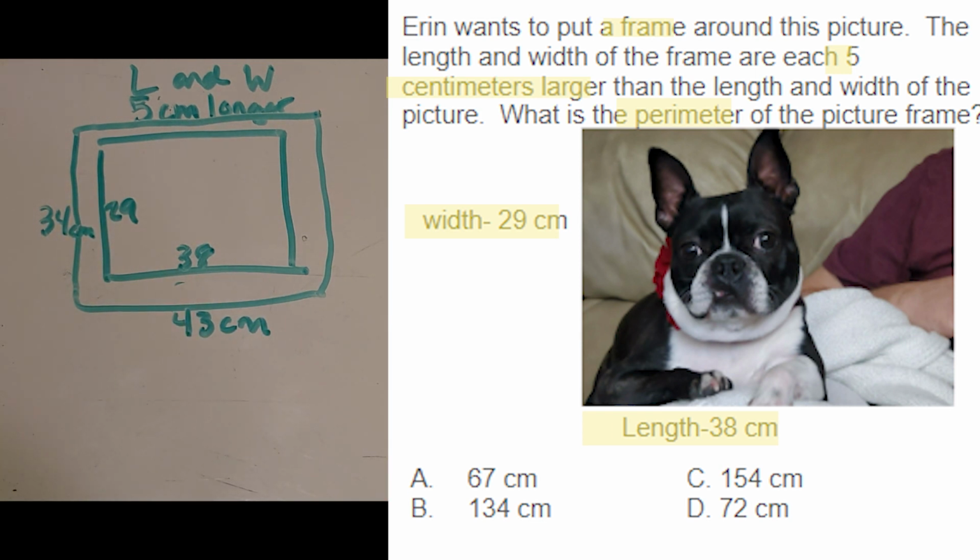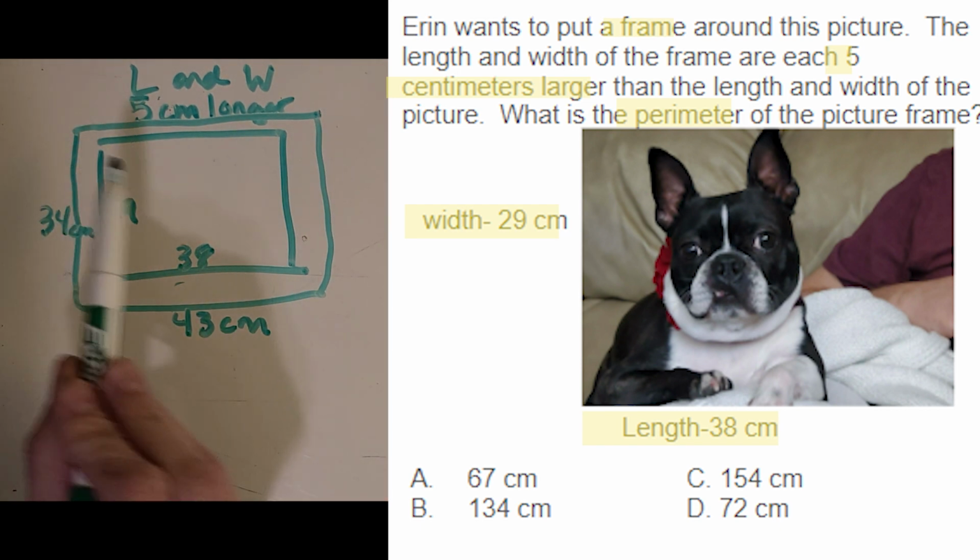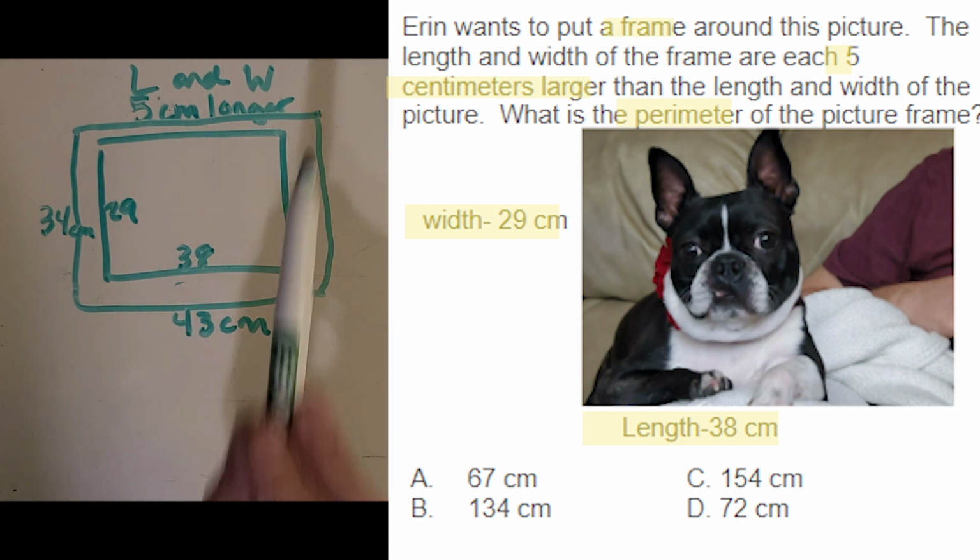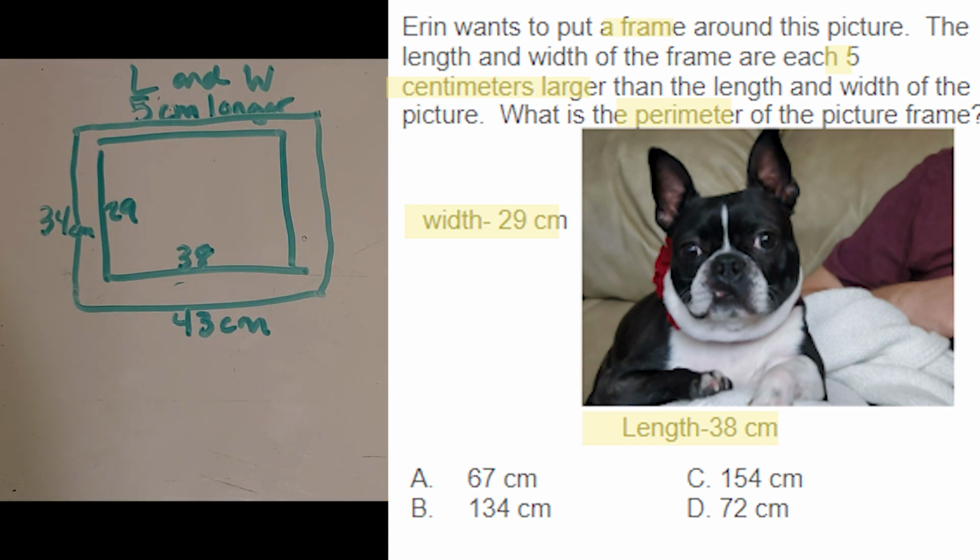Okay, and then the question, of course, is asking for the perimeter of the frame, not the picture, but the frame. So then how do I find the perimeter of the frame? Okay, so you're probably remembering that to find the perimeter, we have to add all the sides.